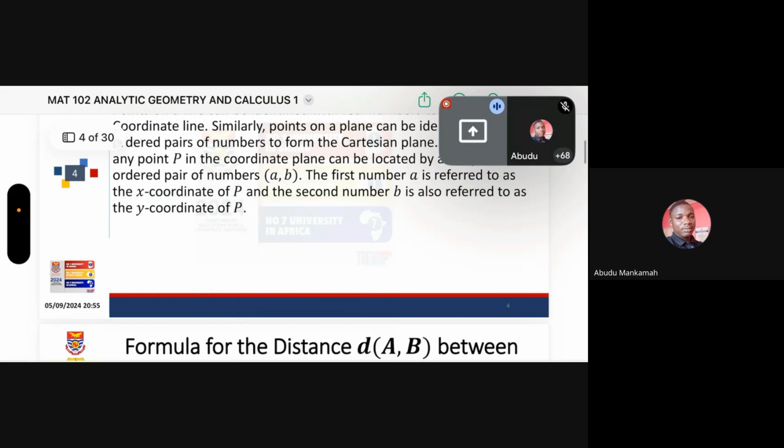Any point P in the coordinate plane can be located by a unique ordered pair of numbers, A, B. The first number A is referred to as the x coordinate of P, and the second number B is referred to as the y coordinate of P. I hope you understand it. So if I have the point A, B, my A is for the x-axis and my B is for the y-axis.